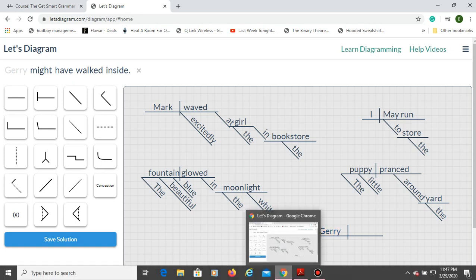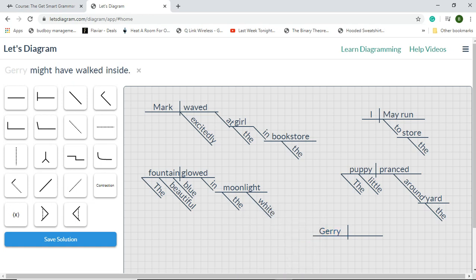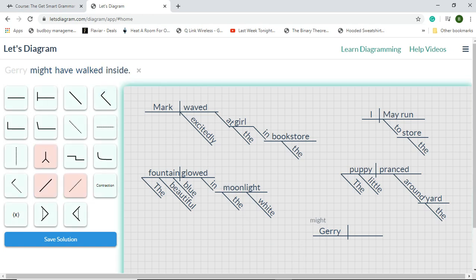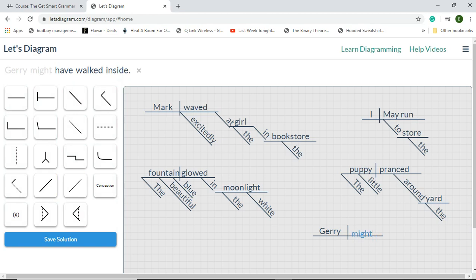Okay, now this is a little trickier. I don't think we've seen one of these yet. But our verb phrase is might have walked. So our helping verb is might. Okay.